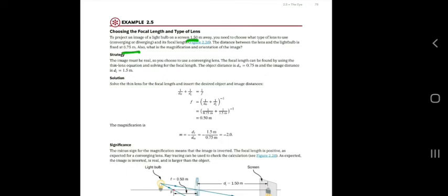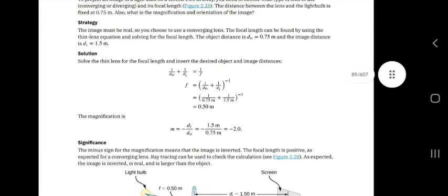From the past problem sets 1, 2, 3, and 4, same lang ang gigamit nga formula, so atong gamiton sa problem set number 5. The formula is 1 over object distance plus 1 over image distance equals 1 over focal length.